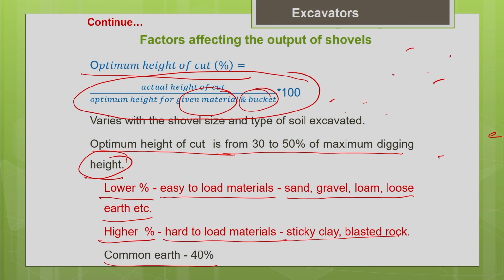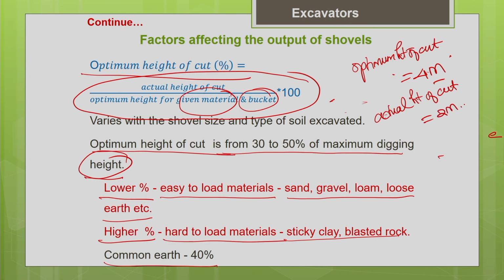Say for example, for a particular French shovel, the optimum height of cut needed is 4 meter, based upon the material type as well as the maximum cutting height. But the actual height of cut in your project site is say 2 meter. Now, what is the optimum height of cut percentage?